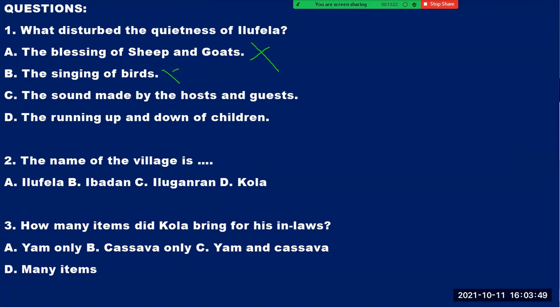Again, no mention of singing birds in the passage, so we eliminate it. So one method I have already mentioned here is the elimination method. Eliminate options that are not related to the passage at all. You must eliminate them because the options are included to divert your attention.